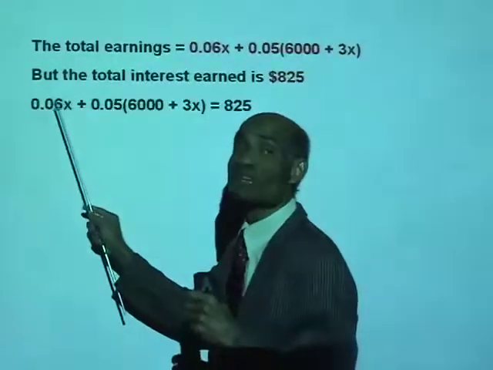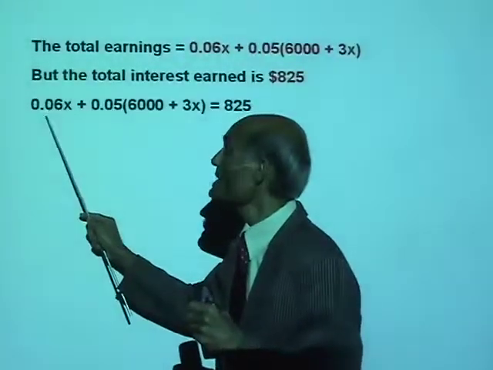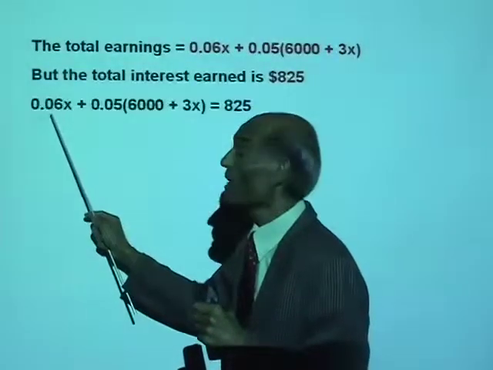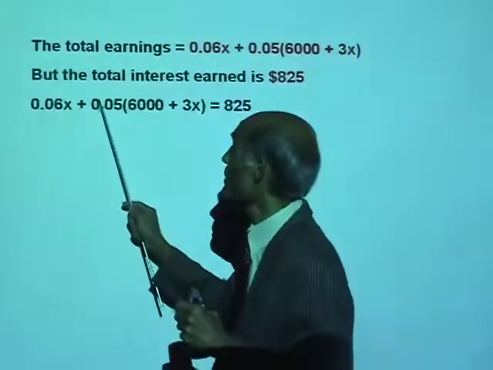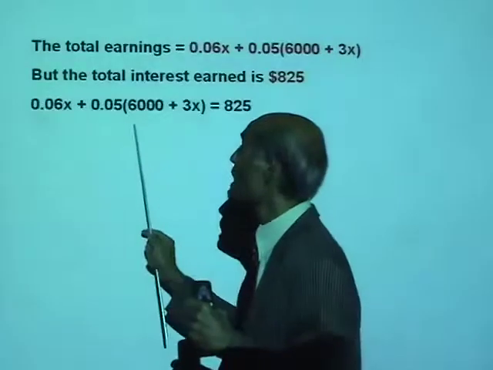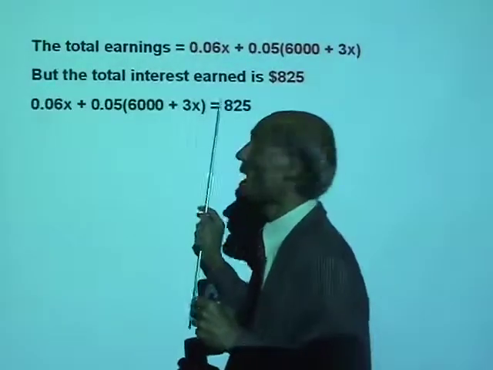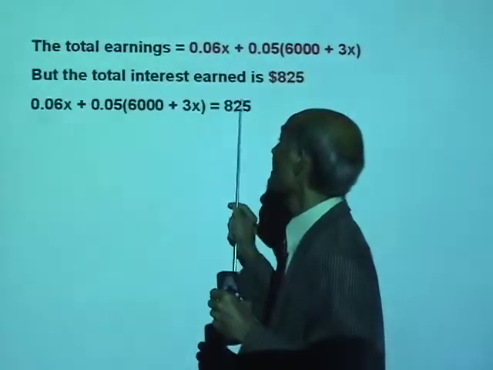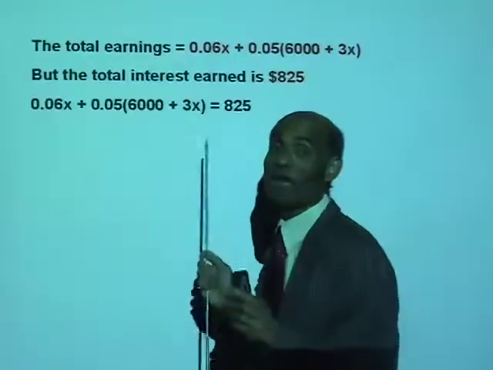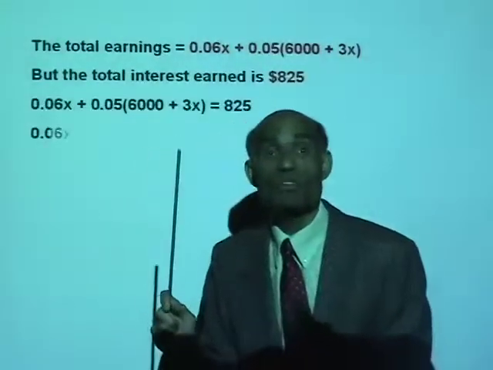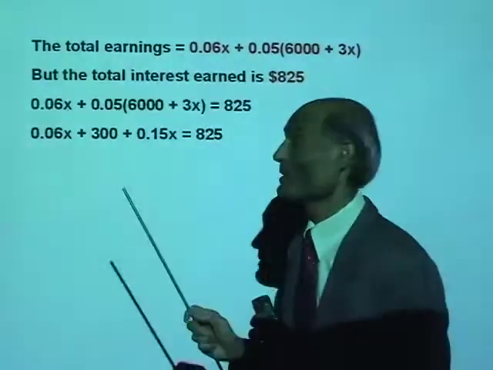So what we need to do is multiply each term. Look at the terms here. This is one term, this is the second term, and on the right side, that is the term. Multiply each term with 100. All right?